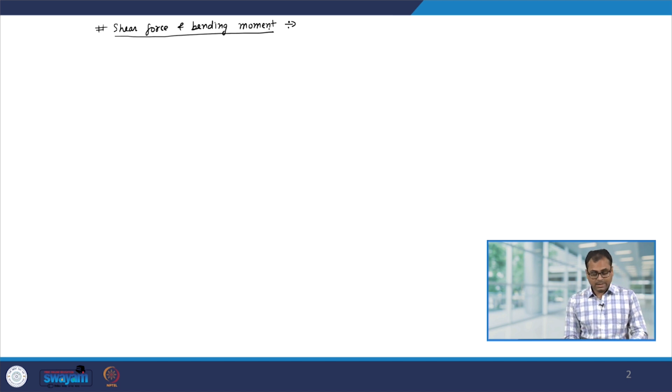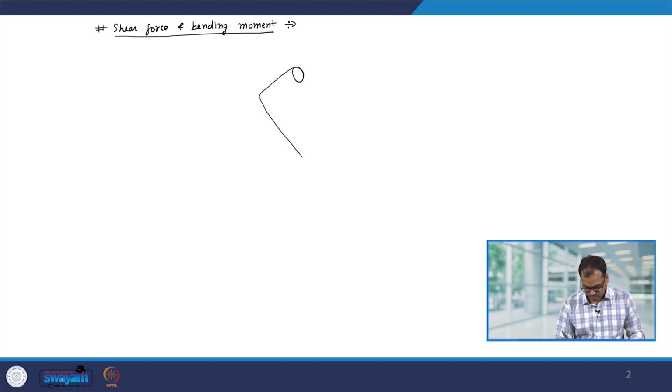So, let us understand it by example. As I said, suppose the external forces are given. So, let us say I have a bar like this, and on this bar various external forces are acting.